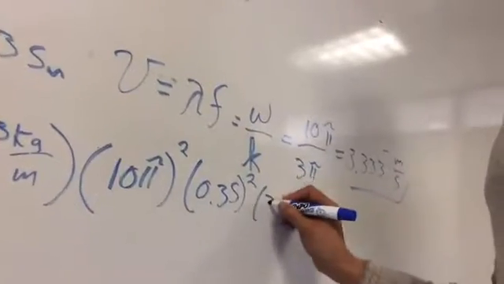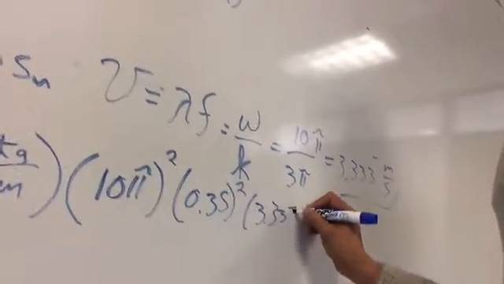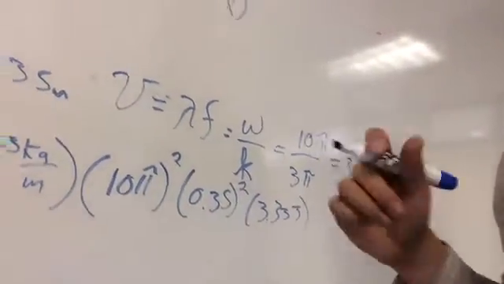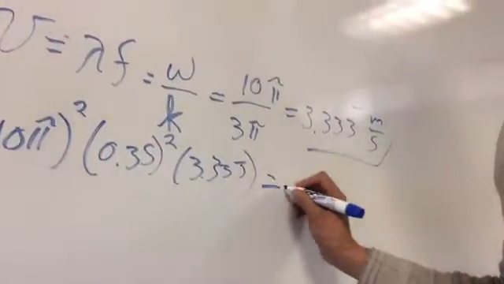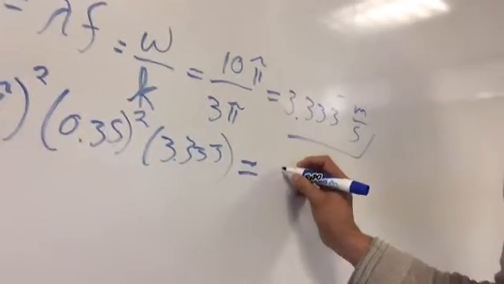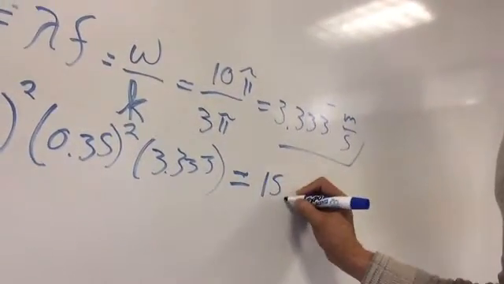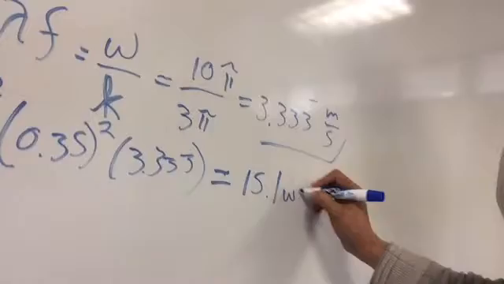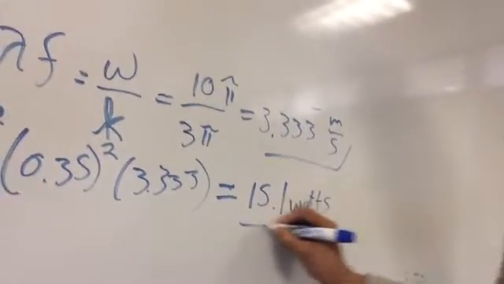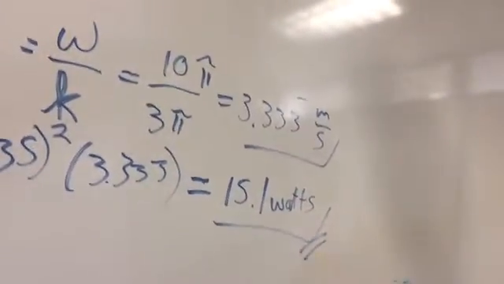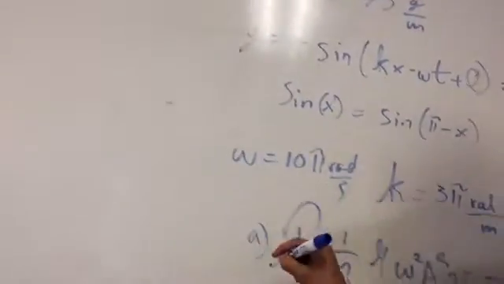We know that the velocity is 3.333 and so on. By solving this, we obtain that the average power will be 15.1 watts. And this is part A, where we are asked for the power.